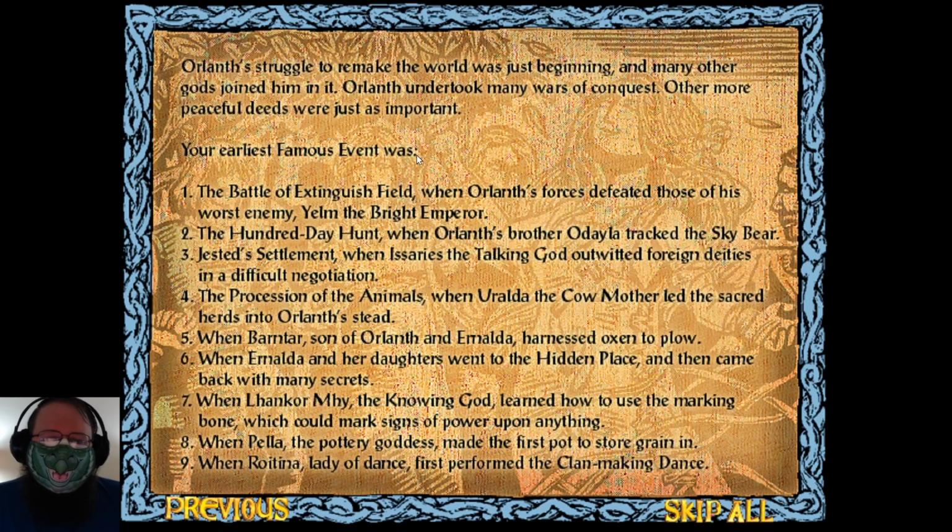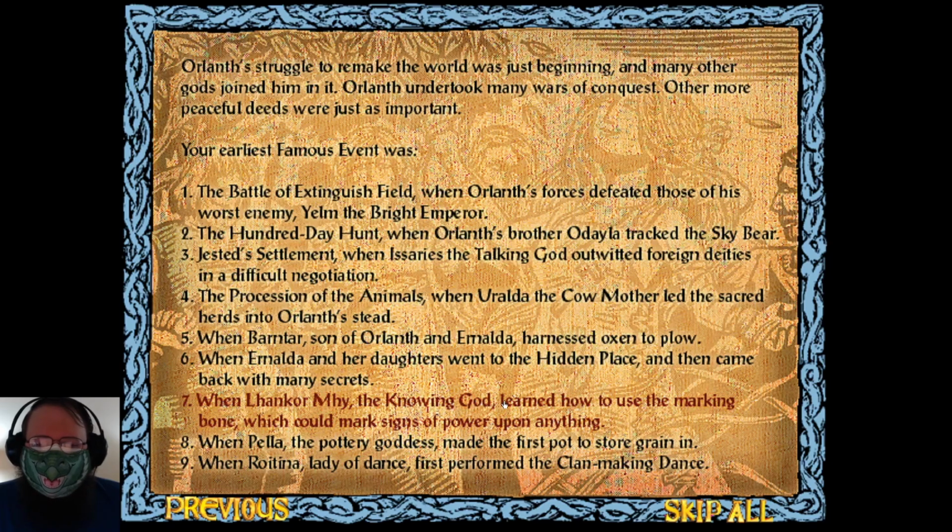Your earliest famous event was the Battle of Extinguished Fields, defeated those worst enemy, Yum the Bright Emperor; 100-day hunt, tracking the Sky Bear; Jested Settlement, when Asari, the talking god, outwitted foreign deities in a difficult negotiation; procession of animals, Oralda, the cow mother, led sacred herd; Barntar, son of Orlanth and Erna, harnessed an ox to plow; Ornalda and her daughters went to hidden places and then came back and laid secrets.